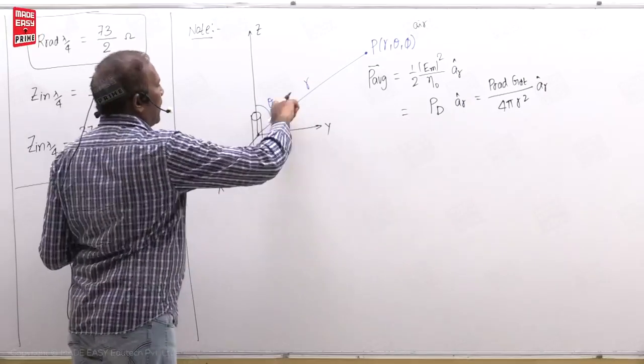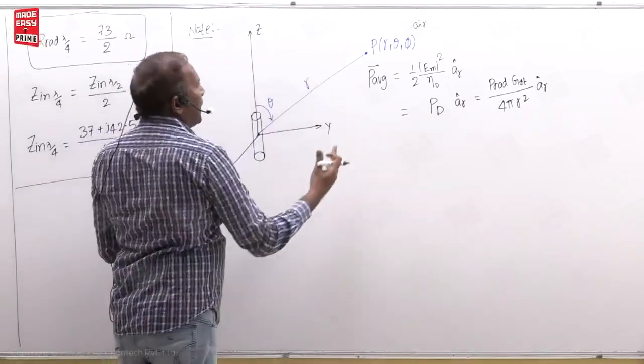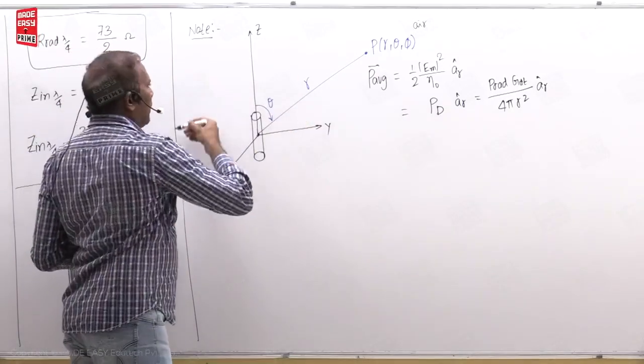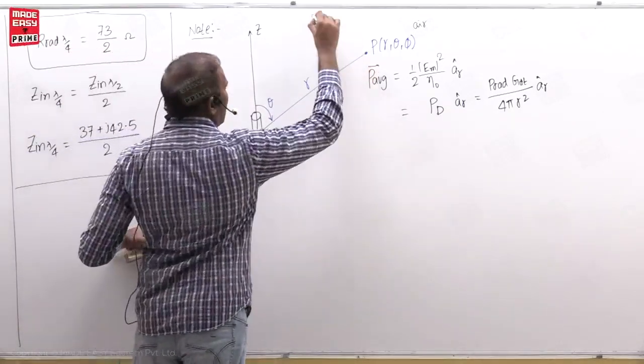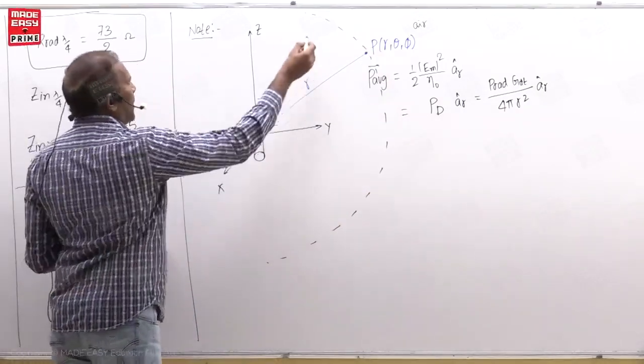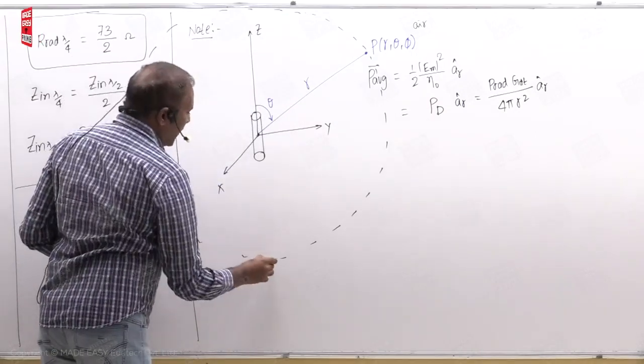The radiated power goes radially outward, then it spreads in the spherical volume, and every time it crosses a spherical surface of radius r. For example, at r distance, imagine a spherical surface here, then the area of this spherical surface is 4 pi r square.